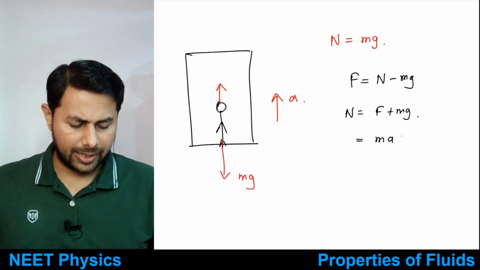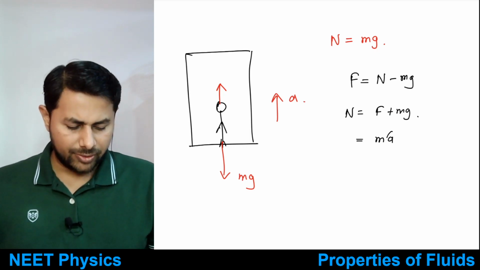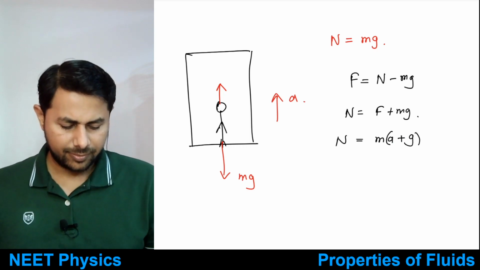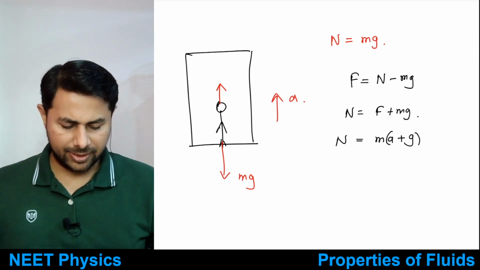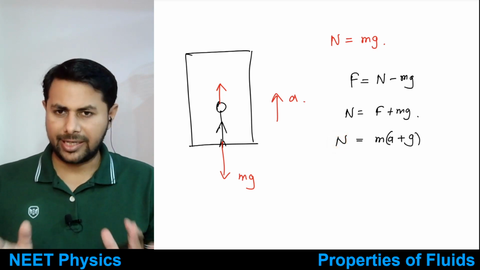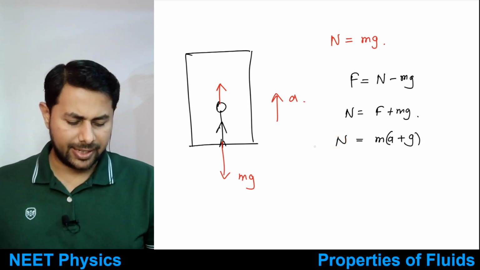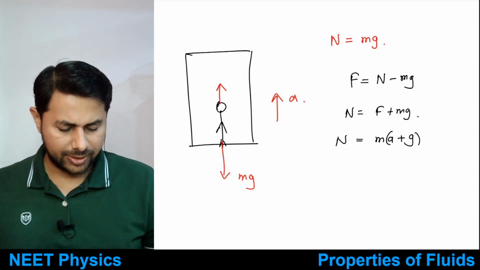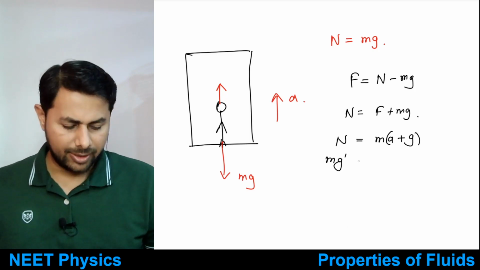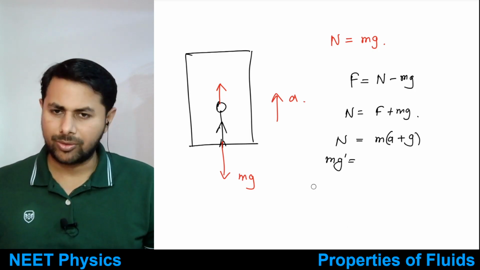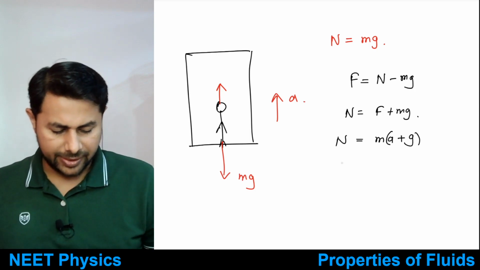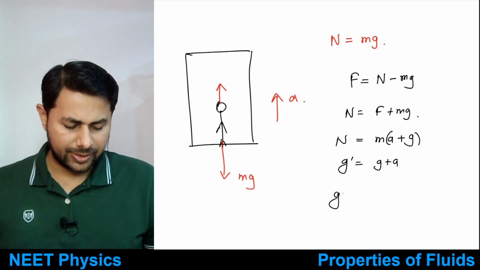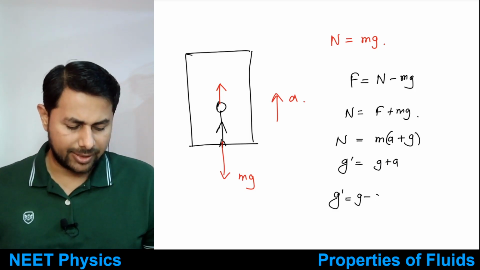Plus you have mg, so you can take m common, so it is m times (g plus a). This is the normal reaction, the weight experienced by the person, so you can write weight is equal to mass multiplied by g prime. So g prime in this case will be equal to g plus a if the lift is accelerating upwards. If the lift is accelerating downwards, then g prime would be equal to g minus a.